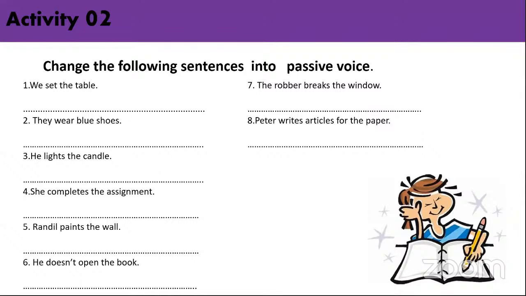Then how do you decide the tense? You have to look at the verb in the sentence. So look at the verb. Now we are discussing about simple present tense passive voice.